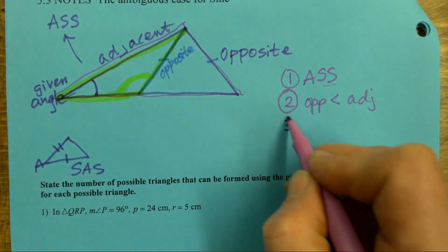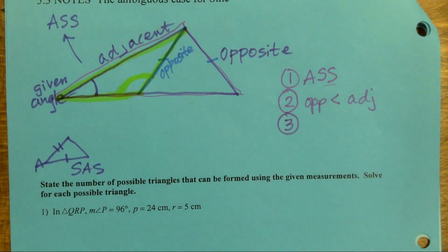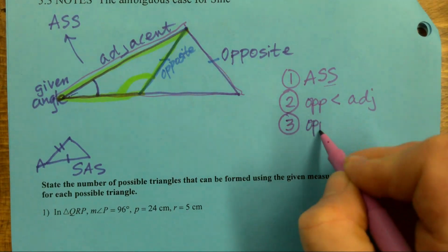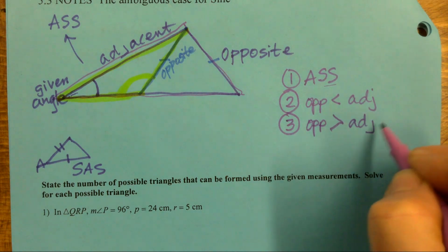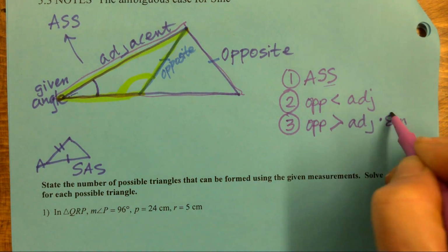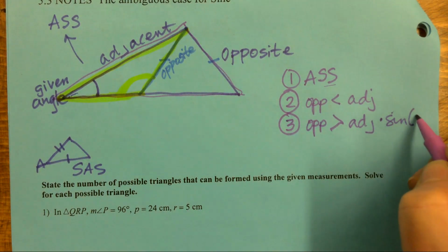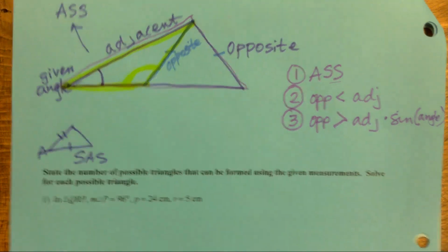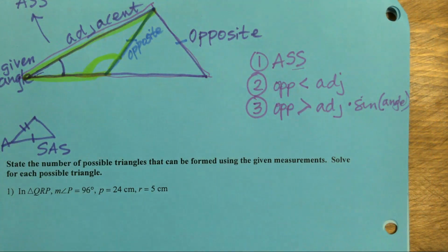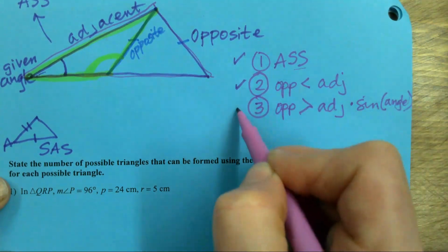And the third and final clinching factor is that the opposite side needs to be greater than the adjacent side times the sine of the angle. So I have to look at all of those things. Every single one of these things has to be true.